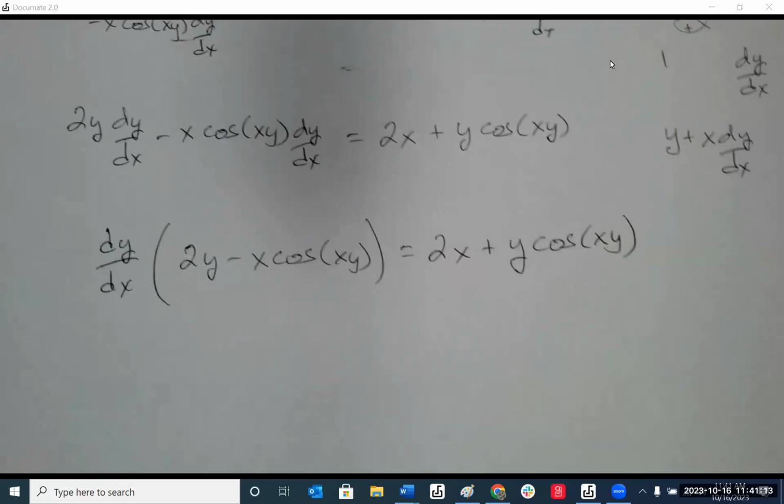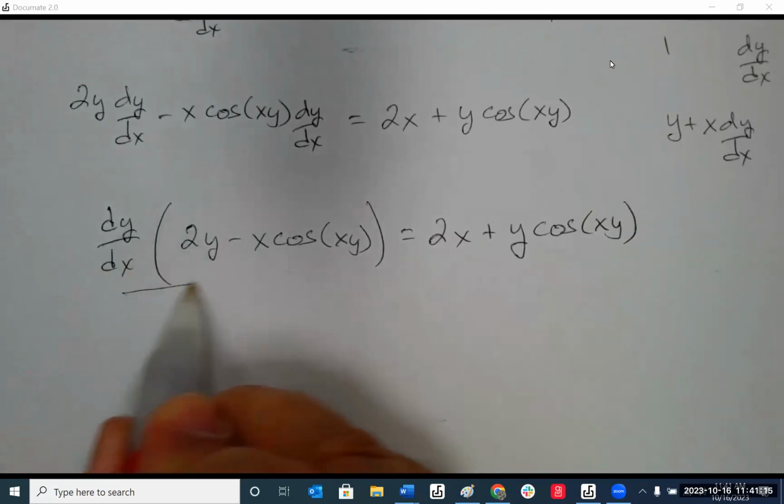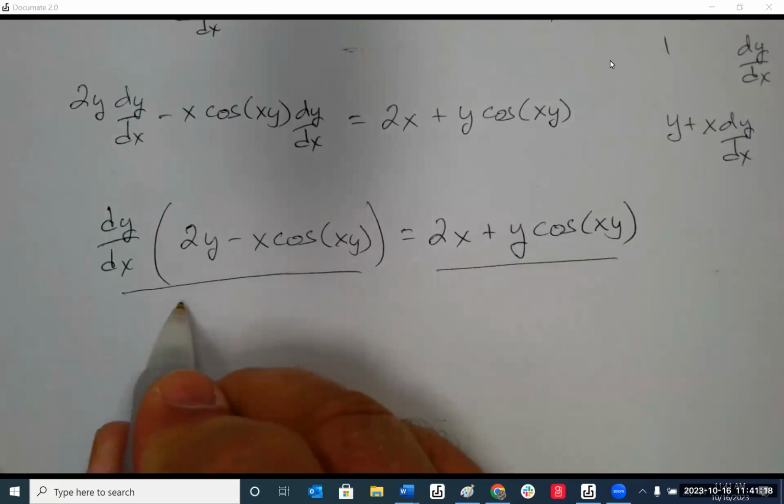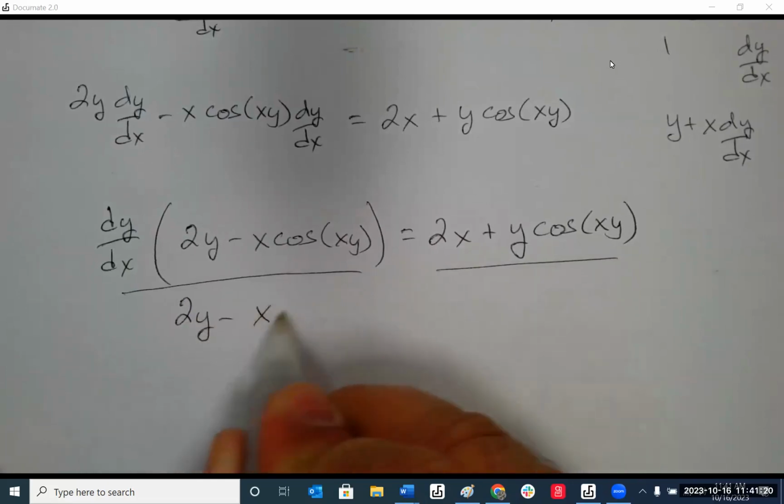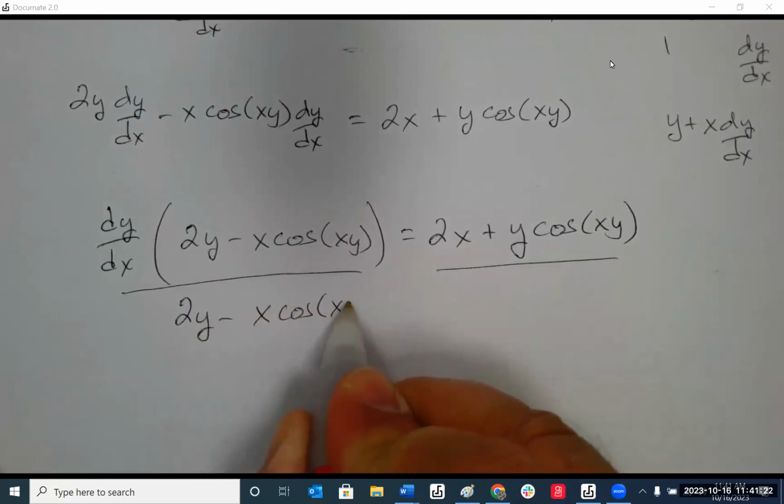So what's next? Divide both sides by 2y minus x cosine xy.